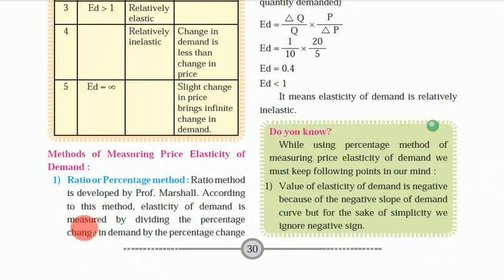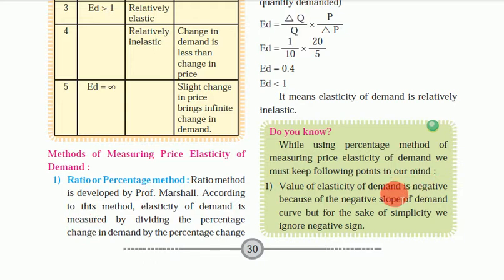The first method is the ratio or proportionate method. This method was developed by Professor Marshall. Under this method, the elasticity of demand can be measured by dividing the percentage change in quantity demanded by the percentage change in its price.